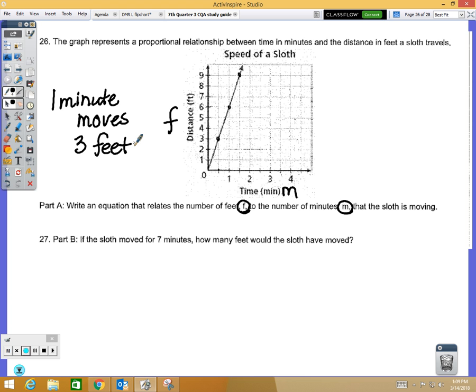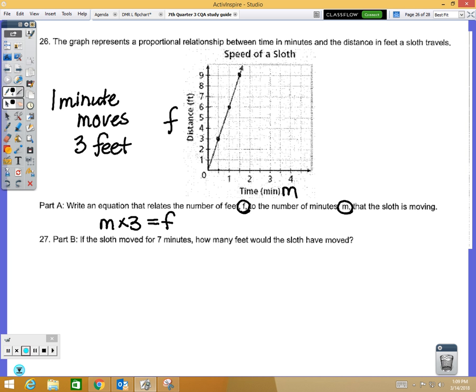How'd you get that? 3 times 2. 2 times 3. So you're taking the amount of minutes times 3 to equal the feet that it travels.